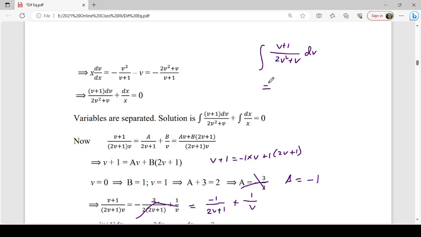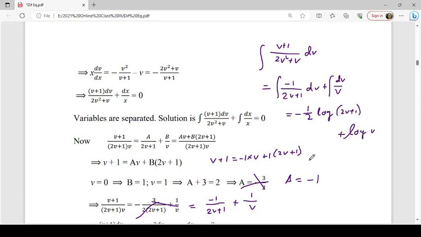In place of a we write minus 1, and in place of b we write 1, so it is the integration of minus 1 by (2v plus 1) dv plus the integration of 1 by v dv, and this is equal to minus half of log of (2v plus 1) plus log of v. And the integration of 1 by x is log x.